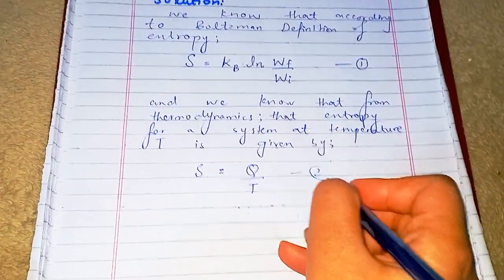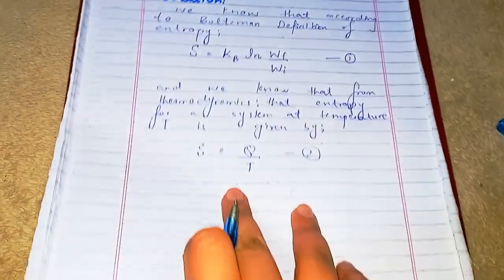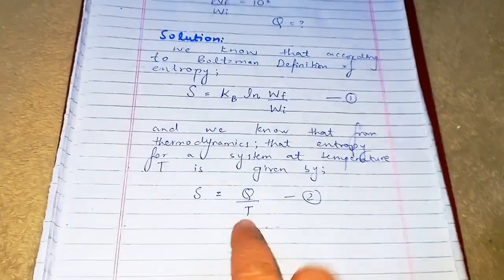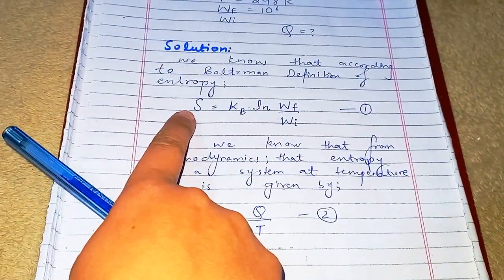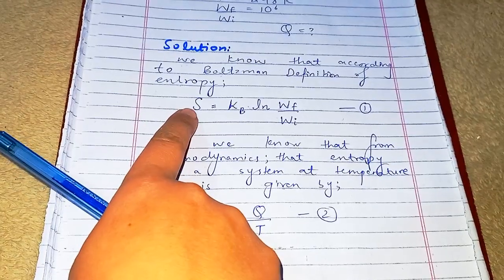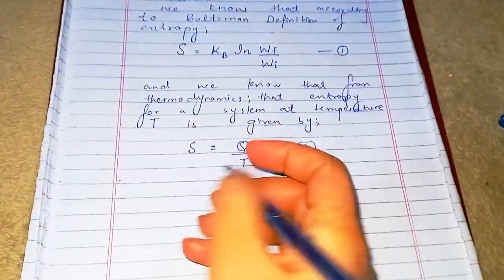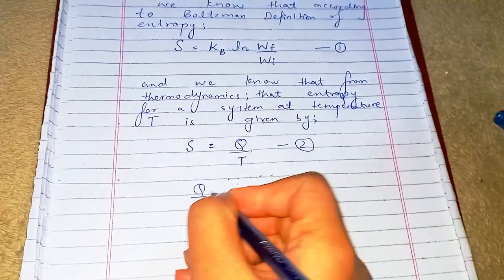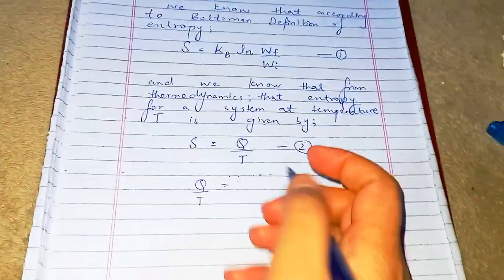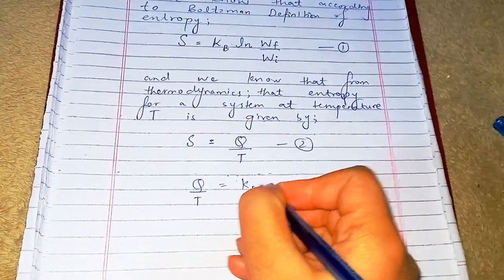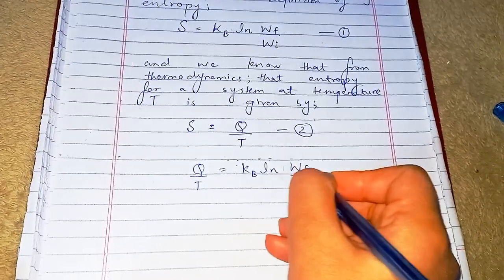Okay, so we can equate both of these equations now. We can equate them because the left hand side has S in it and they are both equal. So Q by T is equal to Kb natural log of Wf by Wi.